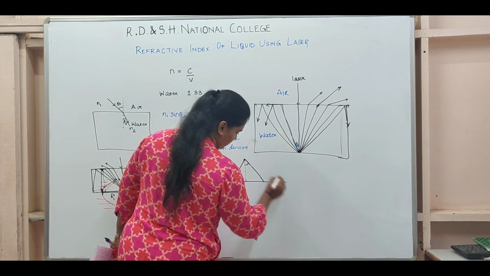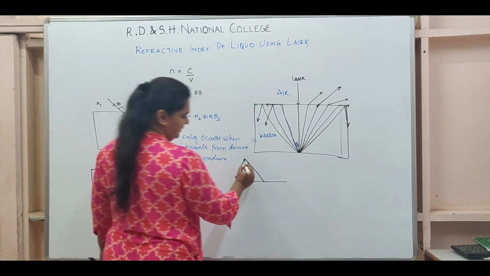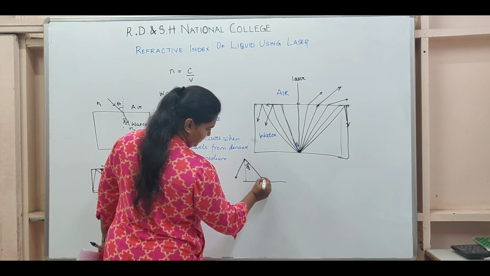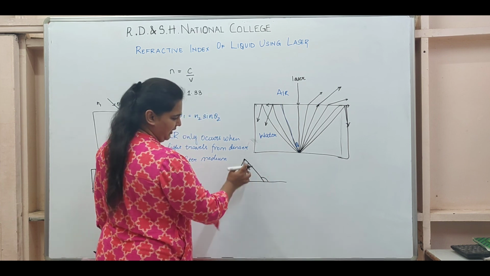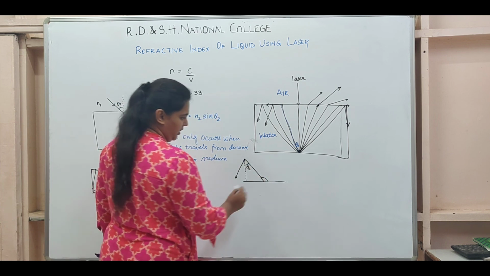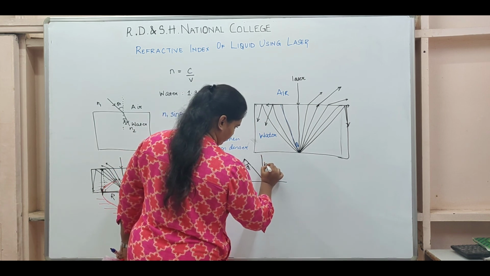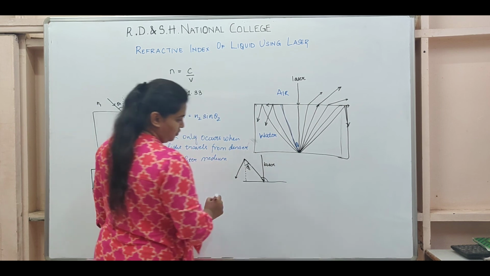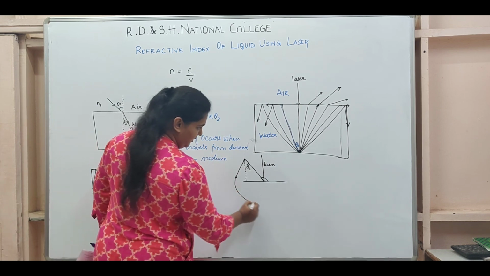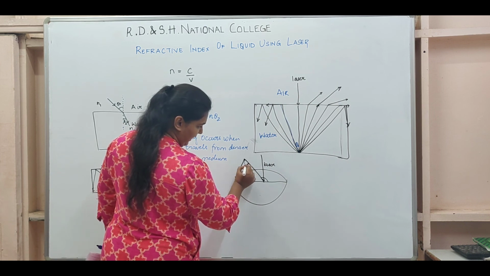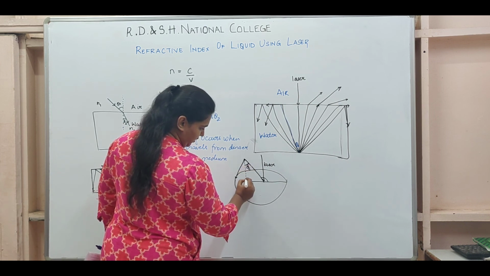Now according to critical angle theta, because this was the critical angle, by alternate angles this angle will be equal to this. This was the laser beam. So I am getting my circle here at this point, but the angle is only up till here.